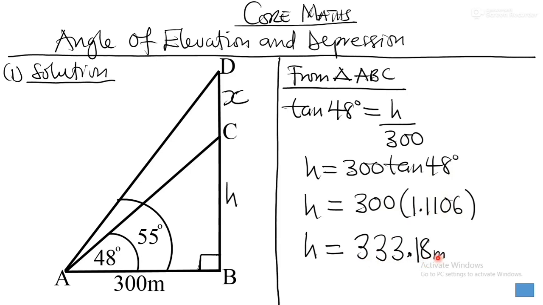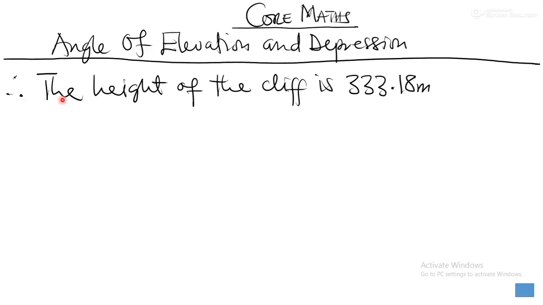So the height of the cliff is 333.18 meters. We conclude by saying, therefore, the height of the cliff is 333.18 meters. That is the solution to part I.